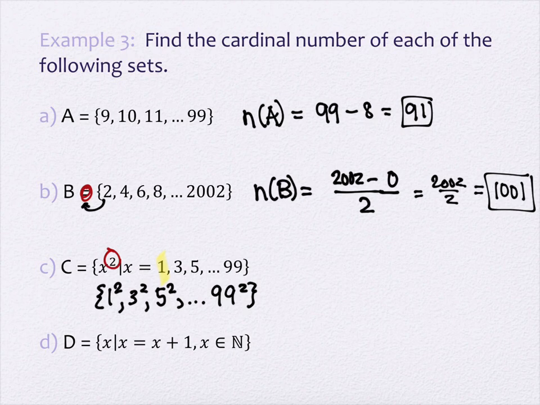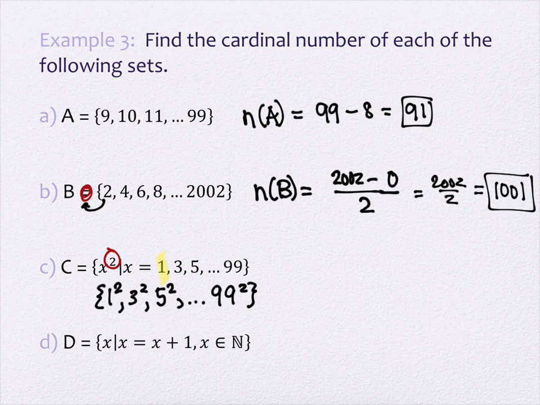Now, does the squaring affect how many numbers there are? No. It affects the value of the numbers, right? Obviously, 99 squared is not the same as 99. I get that. But it's still just a single number, right? 99 is a single number, 99 squared is a single number. It's just the same number of numbers.